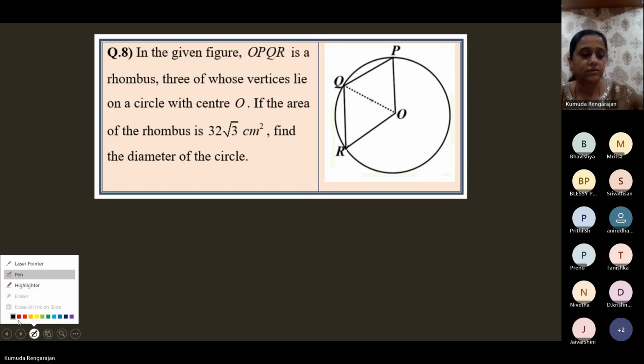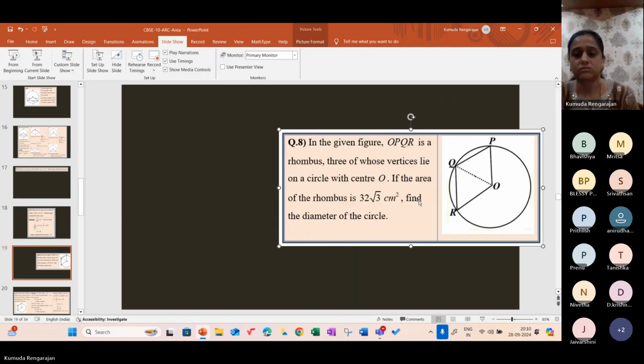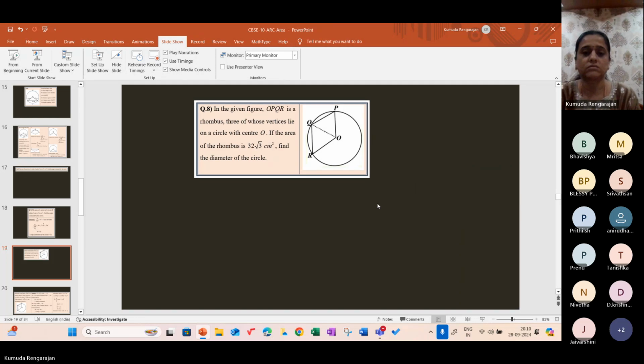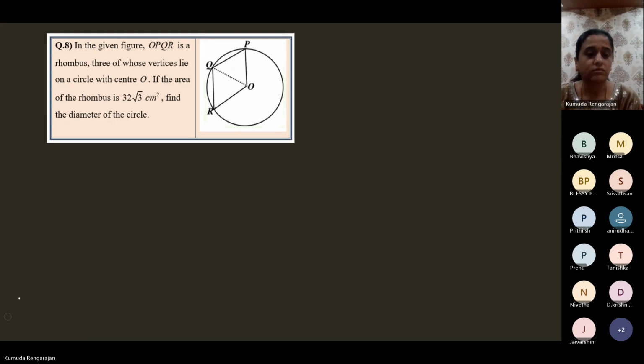All right. So it's given that OPQR is a rhombus. And we know that in a rhombus, all the sides are equal.